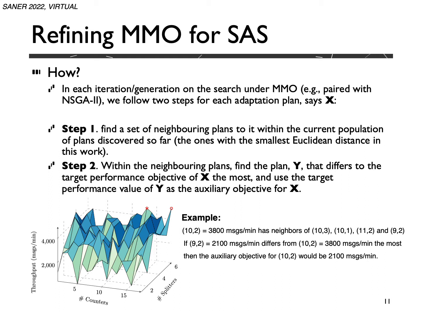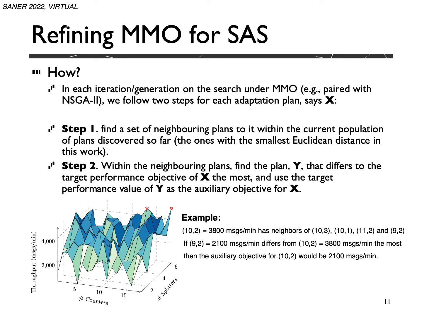In each iteration, for each adaptation plan X, we first find some neighboring plans within the current population, and within the neighboring plans we find a plan Y that differs from the target performance objective of X the most, and then we use the target performance value of Y as the auxiliary objective for X.